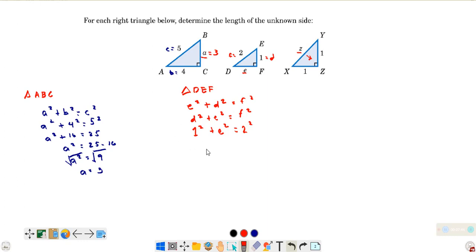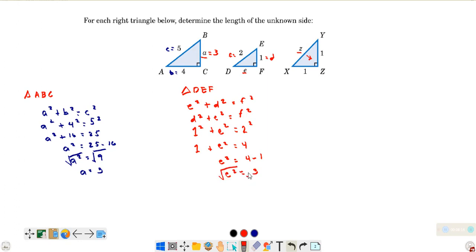Now, let's simplify. We have 1 plus E squared is equal to 4. So we are going to have E squared is equal to 4 minus 1, because we have to subtract 1 from both sides, addition property of equality, to get the value of E squared. So E squared will be equal to 3.